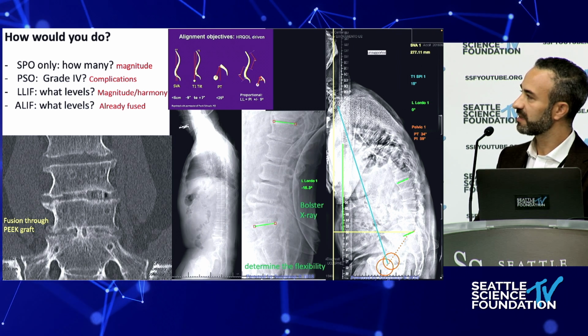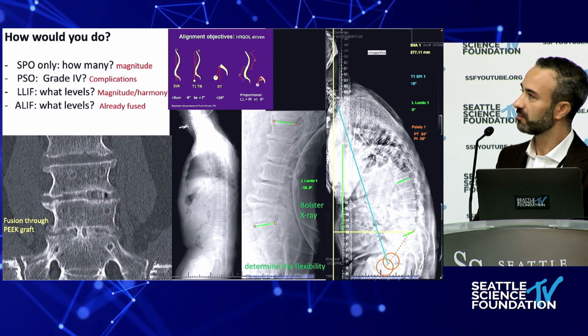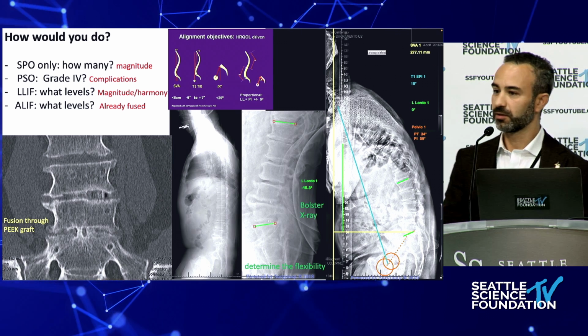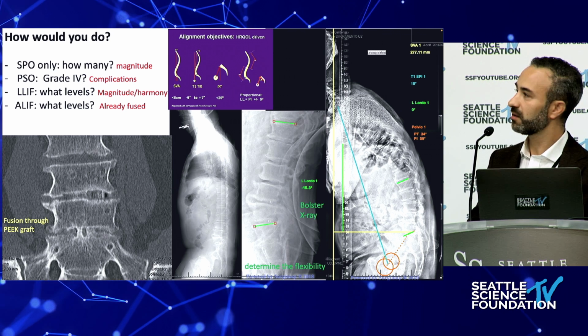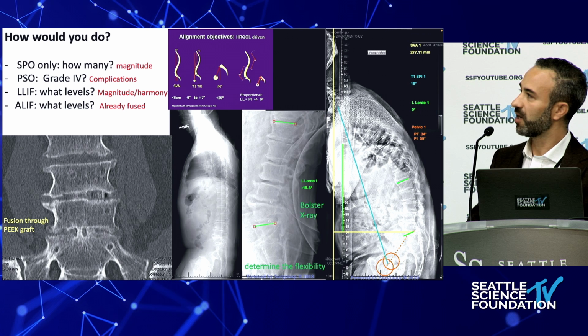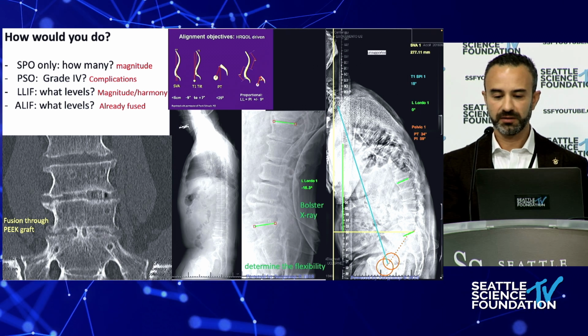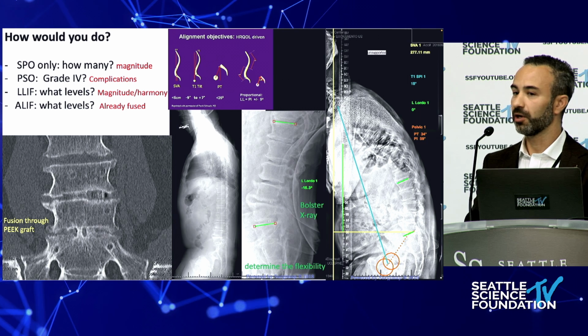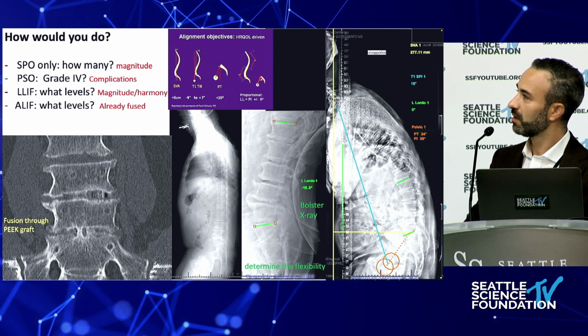There are open disc spaces at the mid and upper lumbar, and we saw Bob give a good reference to using ACR, so placement of lumbar interbody fusion with release of the ALL. But we also know that that will potentially put our lordosis in an unnaturally high position.